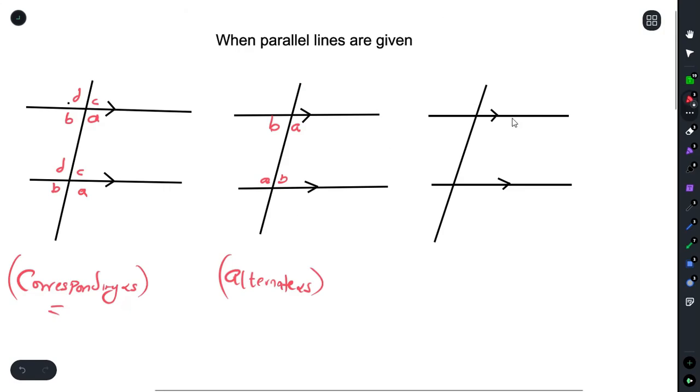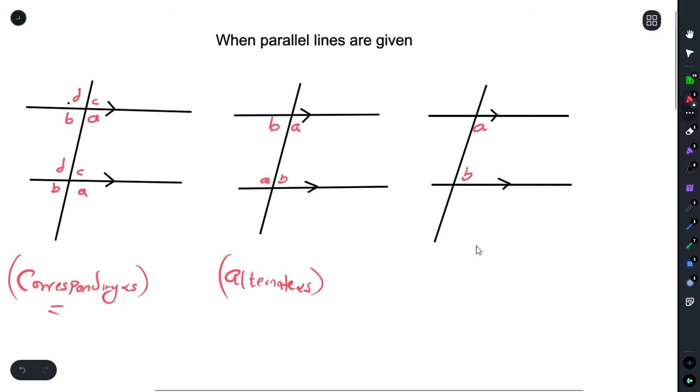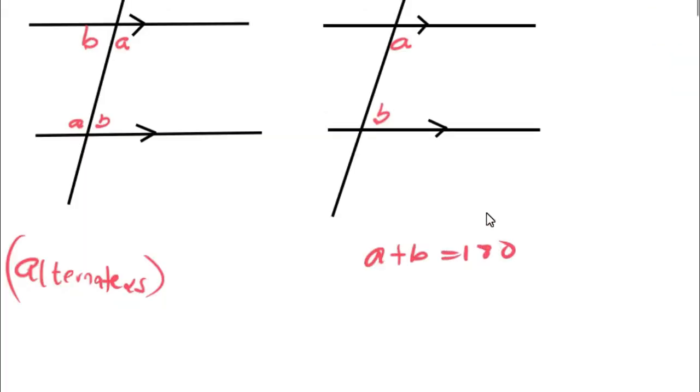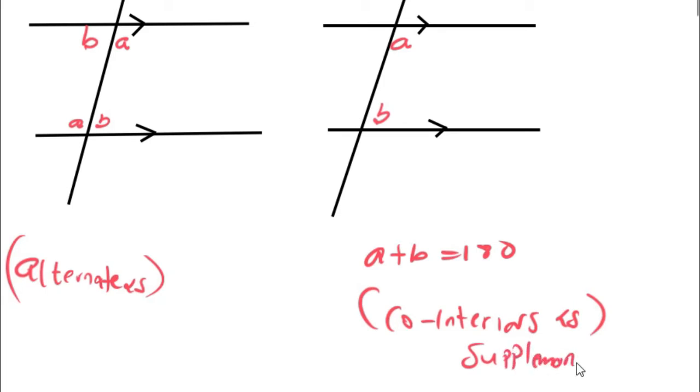And finally, when you have parallel lines, we normally say the angle we have here and the angle we have here add up to 180 degrees. And the reason for that is co-interior angles, right? Because co-interior angles are supplementary.